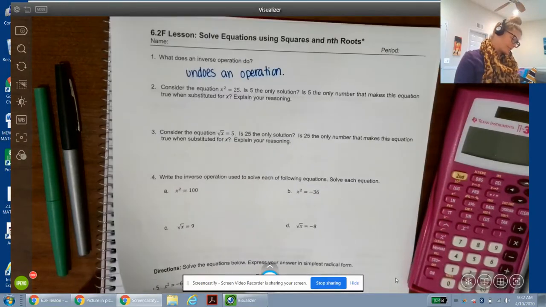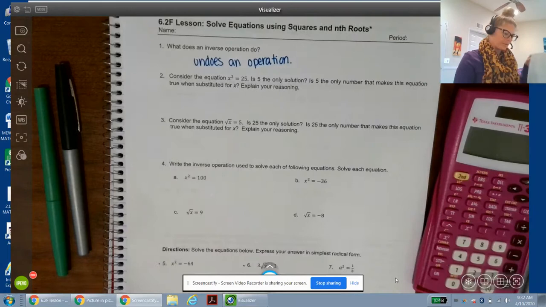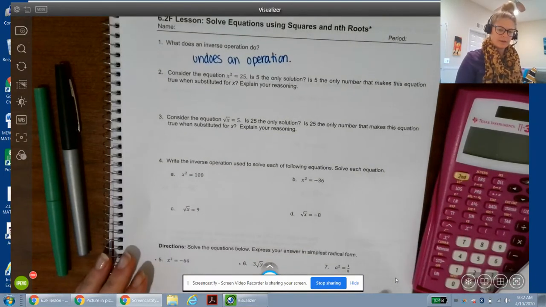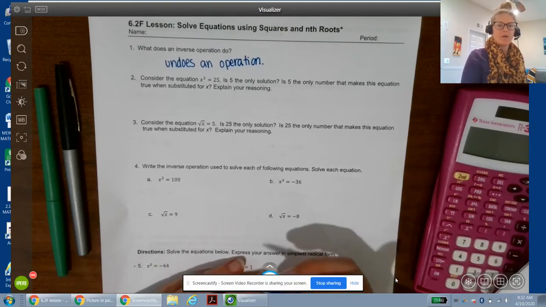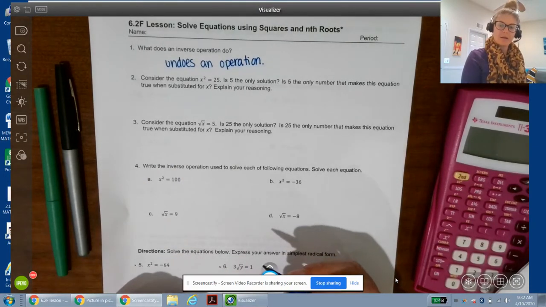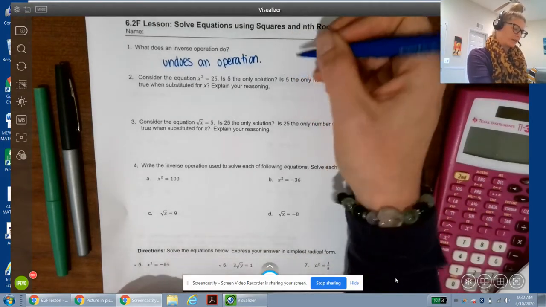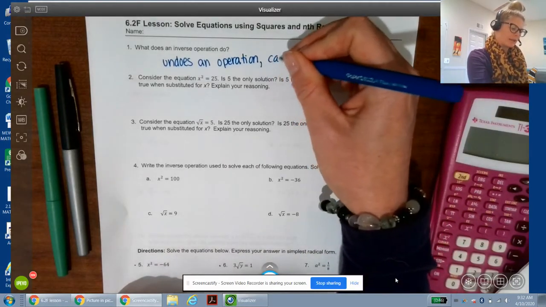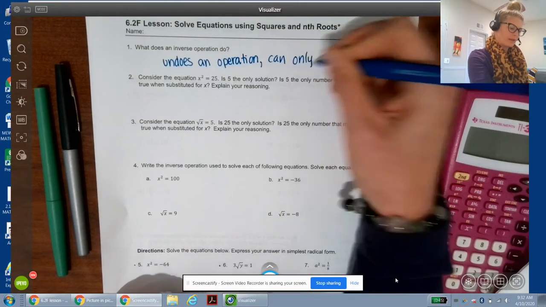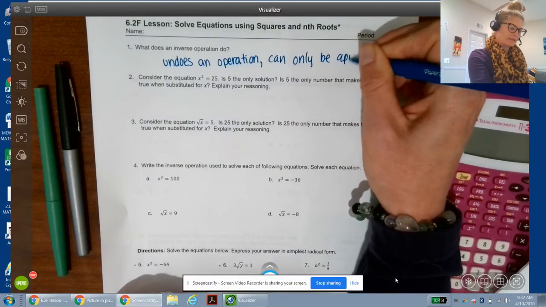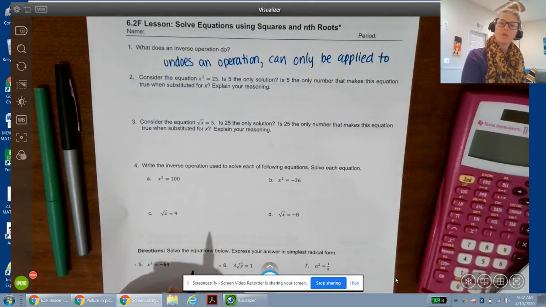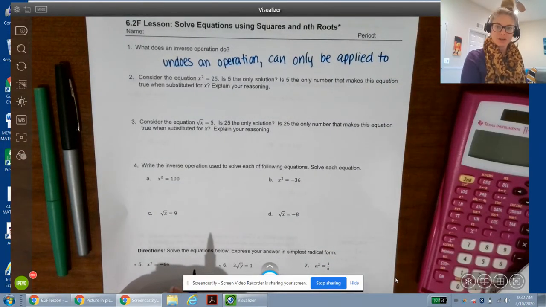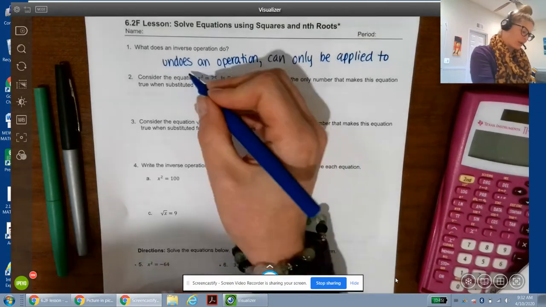And we always want to be thinking about undoing them in a proper order. Can inverse operations be applied to equations and expressions, or just equations? They can only be applied to equations.